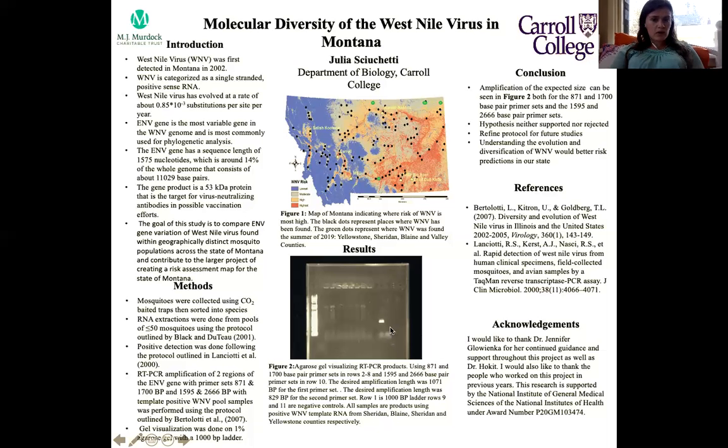And then for the second primer set, I was looking for this banding pattern to the right, which was 1071 base pairs, and that was the 2666 and 1595 base pair primer set.